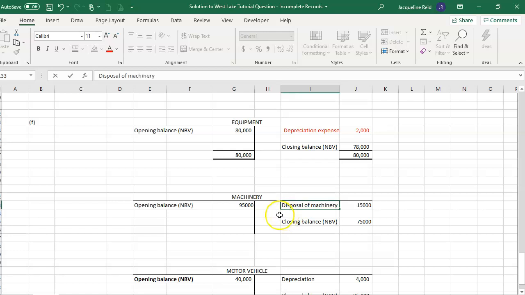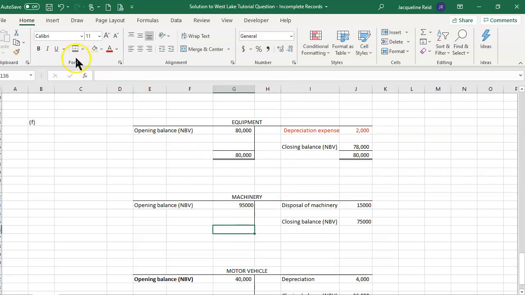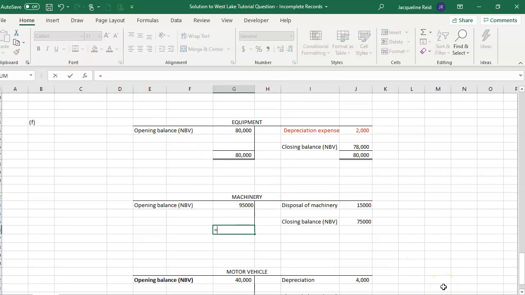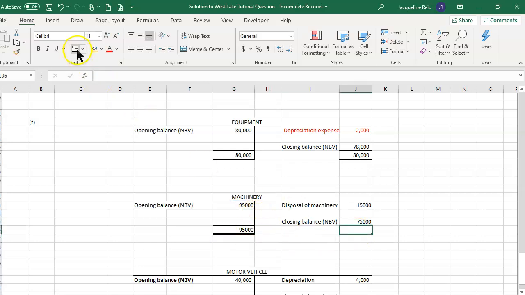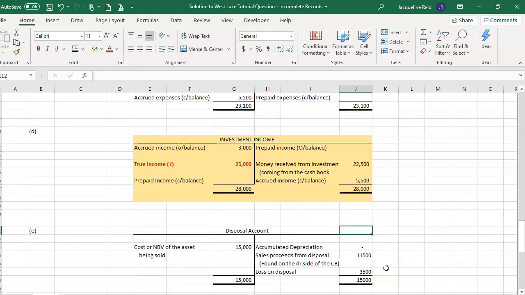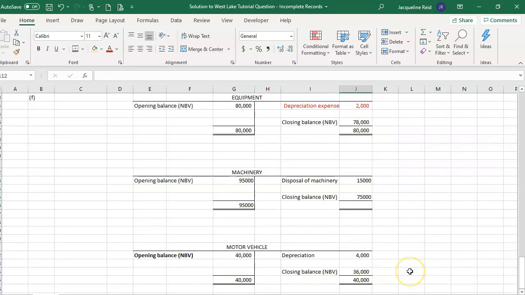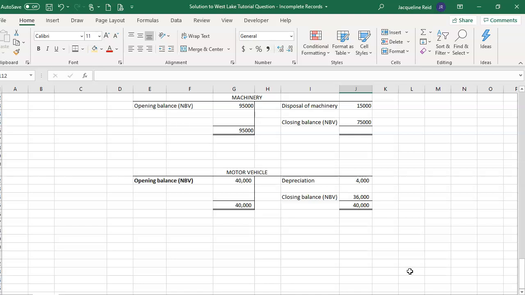So now we have to take that figure into consideration when deriving our depreciation. But still, the left and right side must come to $95,000. So my missing figure is depreciation again.